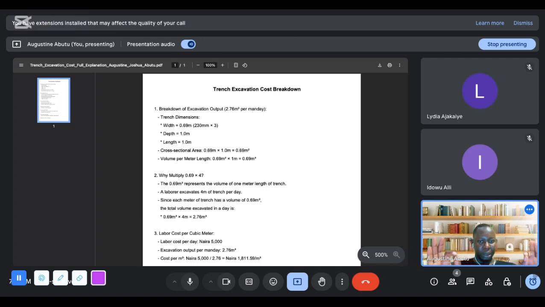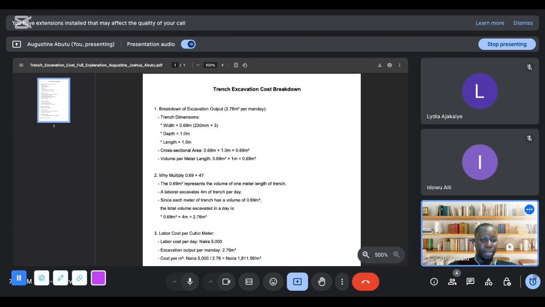The depth of your trench is mostly determined when you are on site, but let's assume that it is 1 meter. The length of your trench is also determined in your drawing, but here we want to build up a rate for 1 cubic meter, so we'll be using 1 meter.